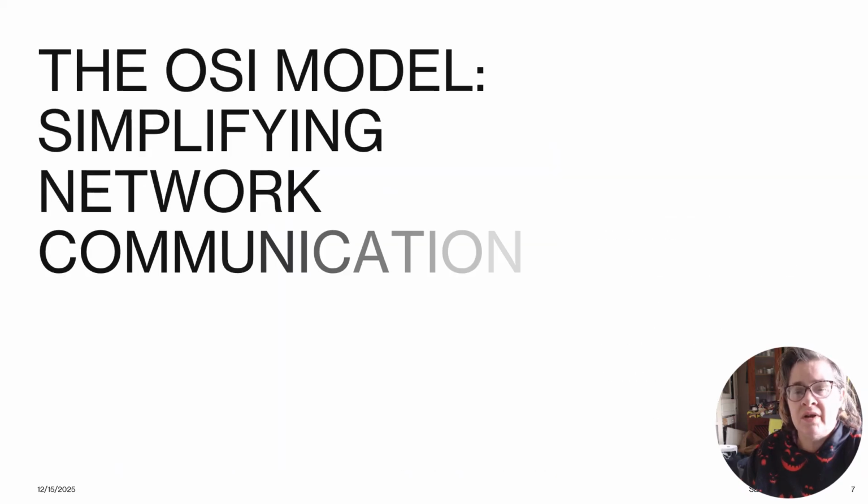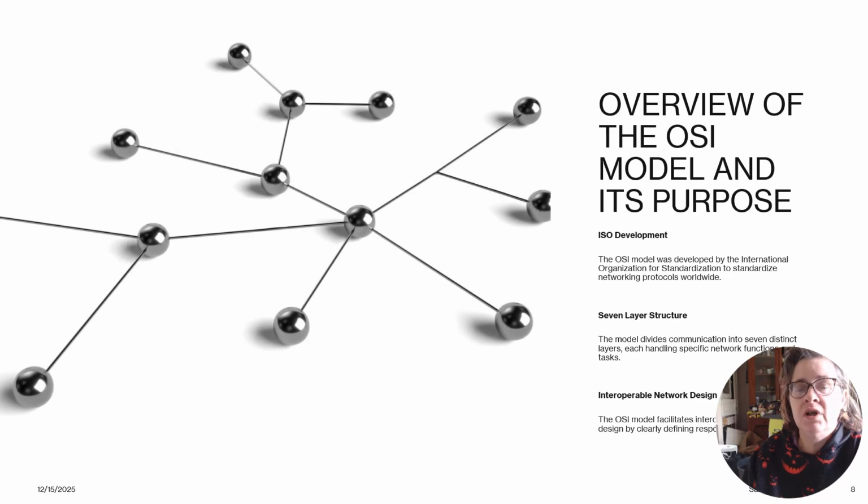The OSI model is a conceptual framework that standardizes the functions of a network into 7 distinct layers. It helps in understanding how data moves from one device across a network. Developed by ISO, the OSI model aids in designing interoperable network systems by dividing communication into 7 layers, each responsible for specific tasks.